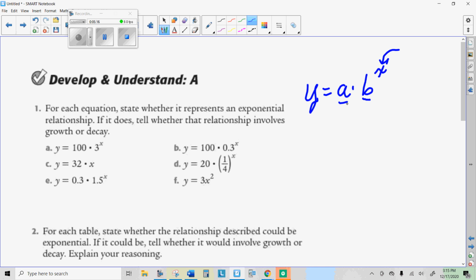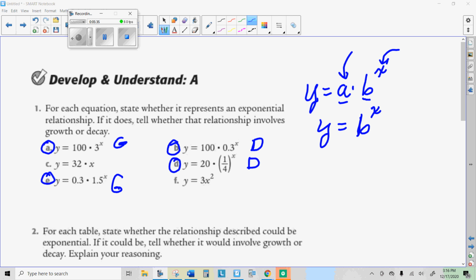If it starts at 1, it could just be whatever you're multiplying, like 2 to the x power. If it starts at a number different than 1, then this would be your y-intercept. But pick the ones you think look like that. Make sure they have x as the power. All the ones I circled have x as a power, so they're exponential.